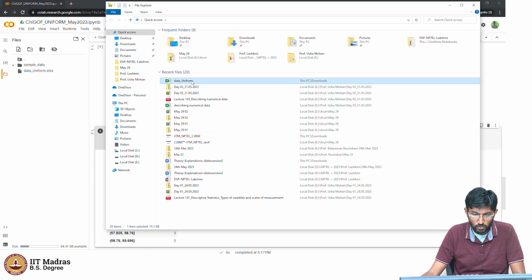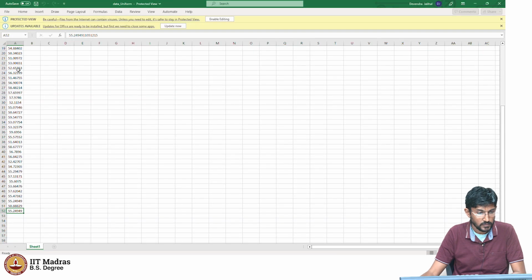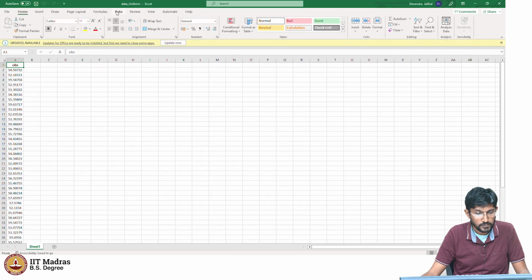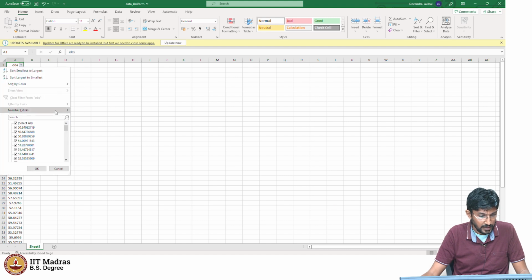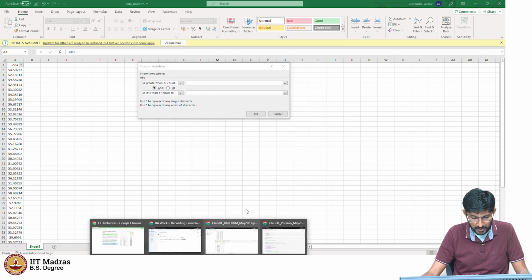So if I just open this uniform data set, and add a filter, and do a number filter, I will now type the bins into this.